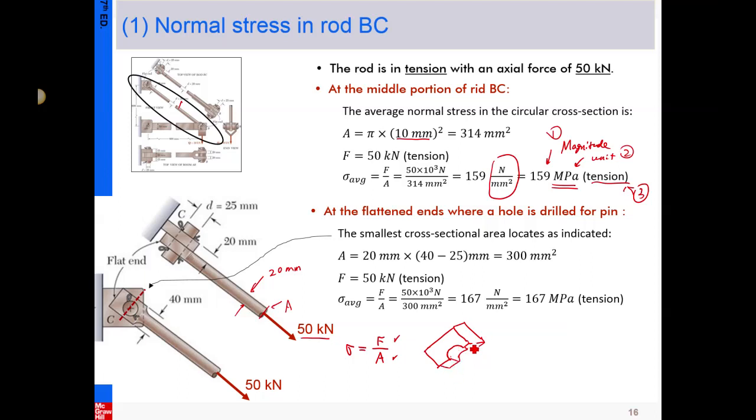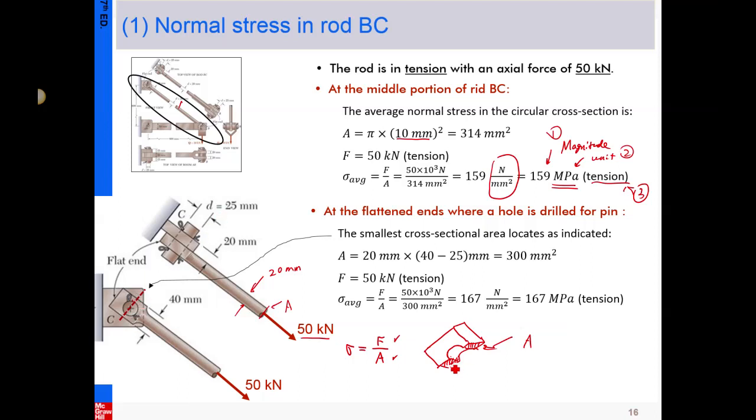So from here, in the portion of the shaft BC, that is the cross-section area we're going to calculate to determine the stress. Based upon the dimensions here, the whole height is 40, and then this pin occupies 25.